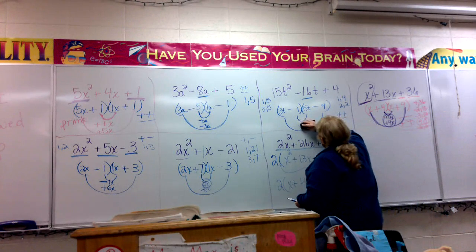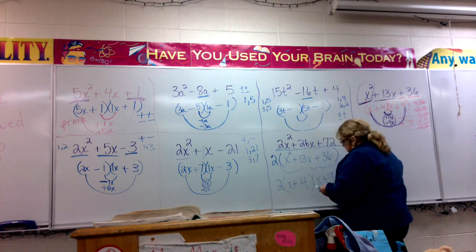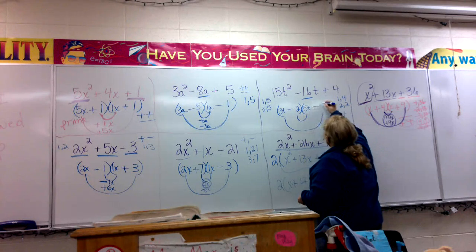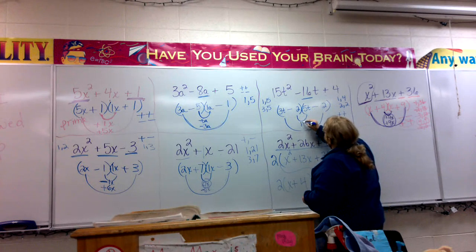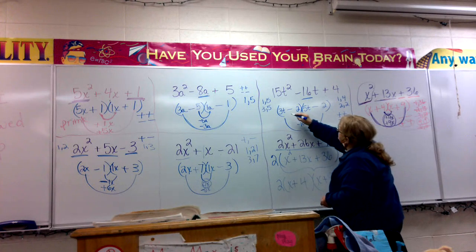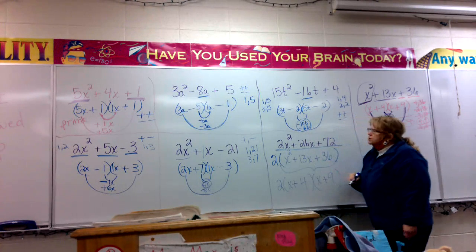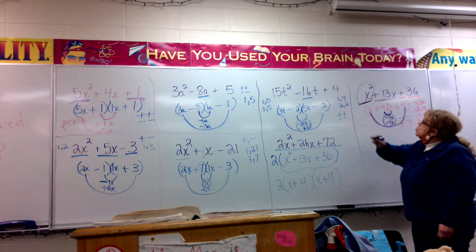Unfortunately, this is going to be a little bit of trial and error. So now we'll try 2 and 2. I get negative 10t, and that's negative 6t. How's that? That one works. And you know what?